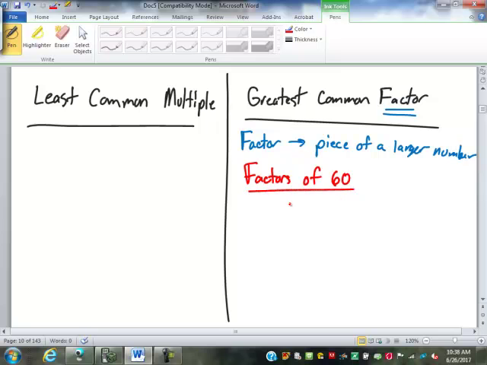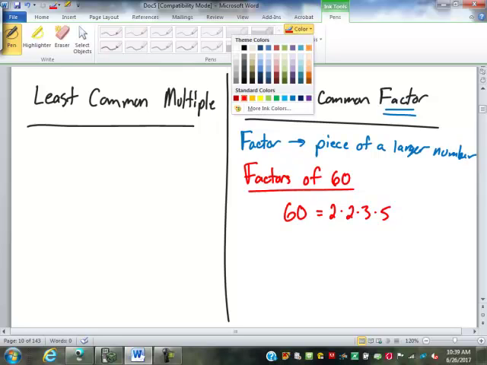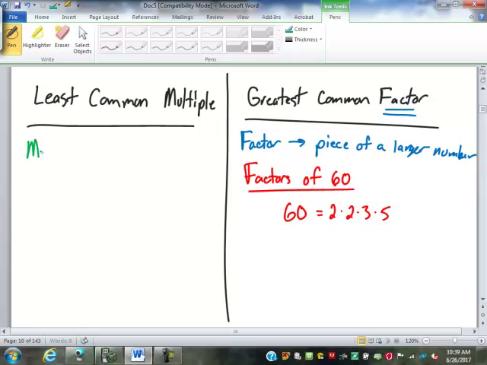Factors of 60. Well, 60 is 2 times 2 times 3 times 5. Those are the factors of 60. Multiples.